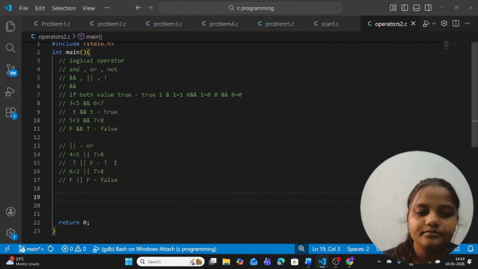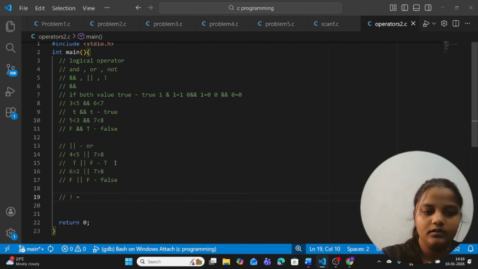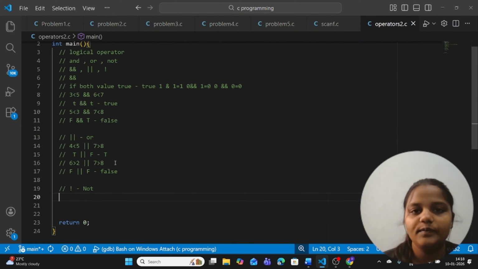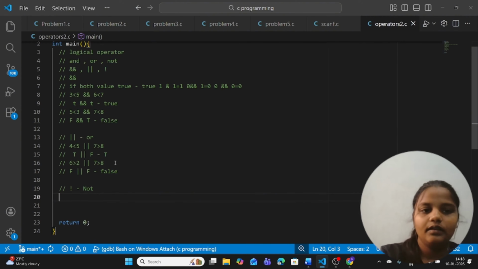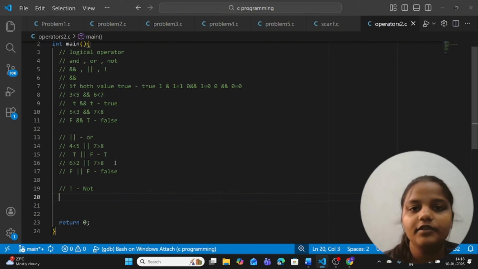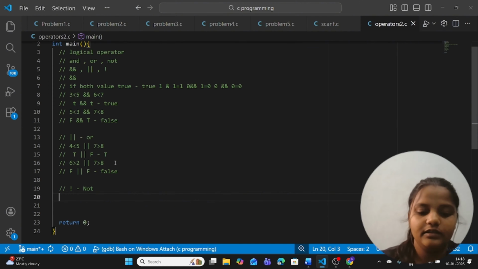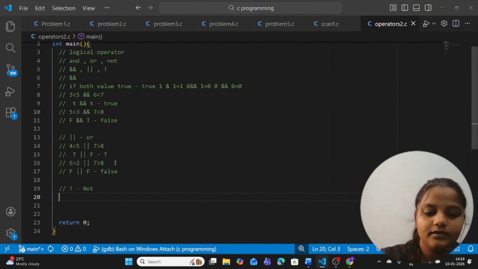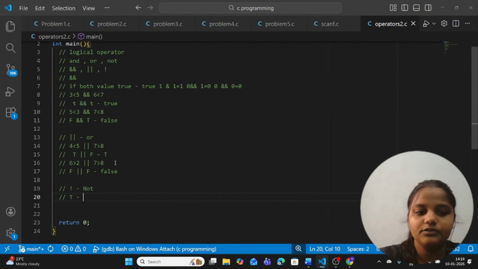Then we have NOT, right? NOT means what? It will flip the value, right? If I give the input as true, it will change this to false.